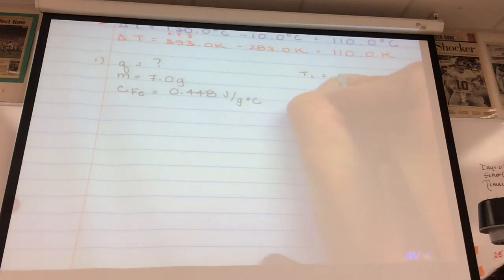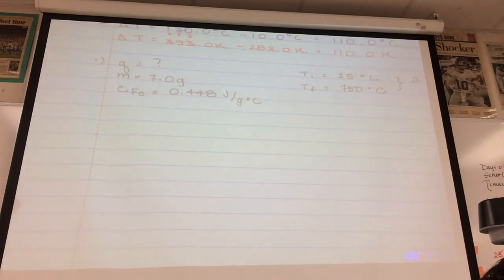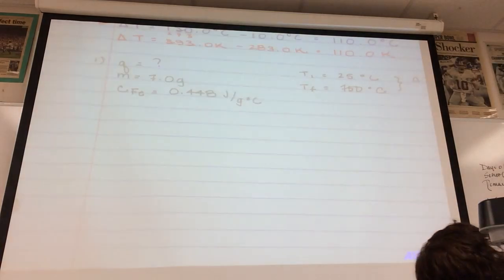The initial temperature is 25 degrees Celsius. It attains a final temperature of 750 degrees Celsius. My delta T would be T final minus T initial, which is 725 degrees Celsius.